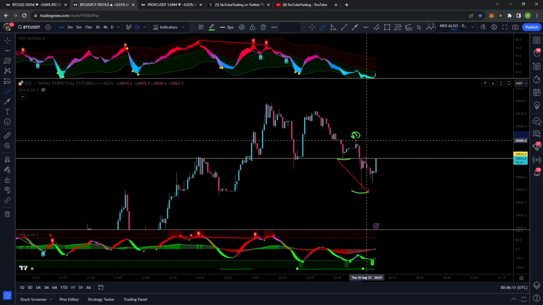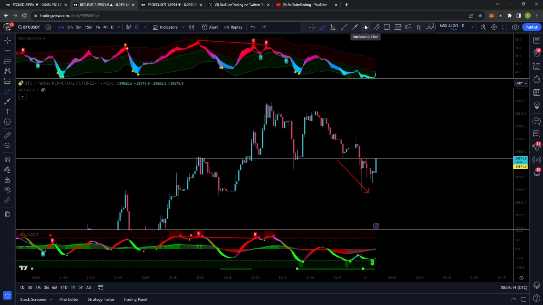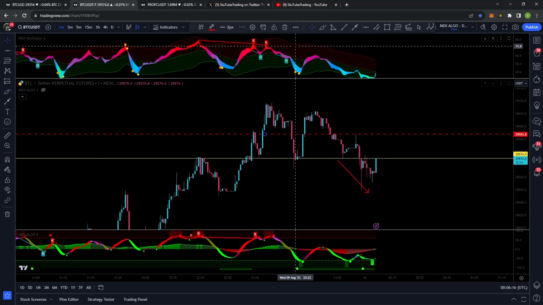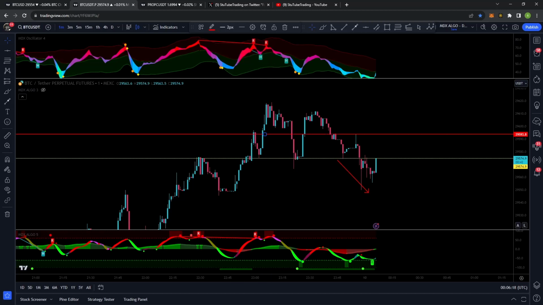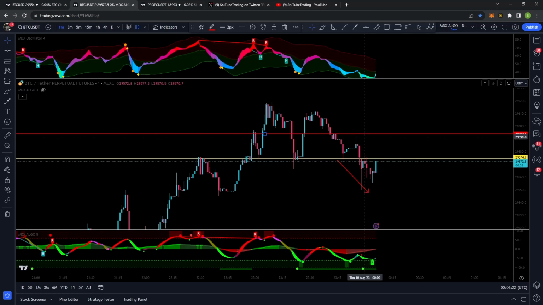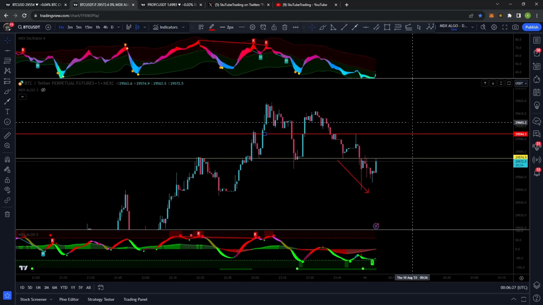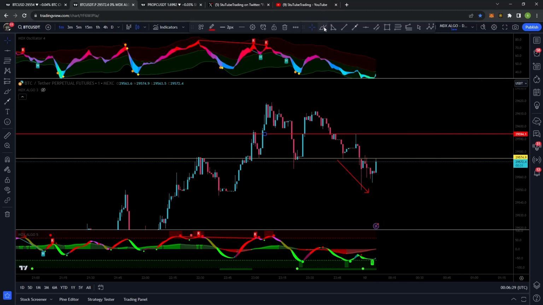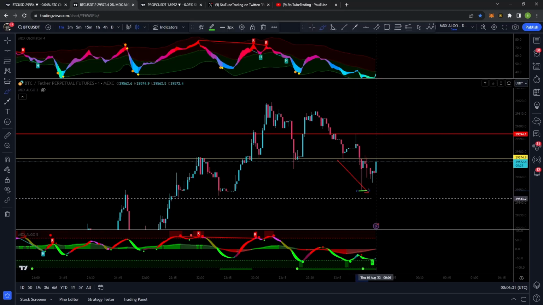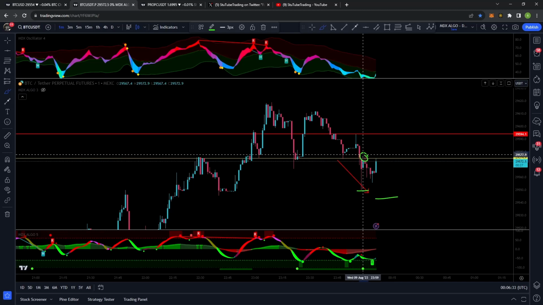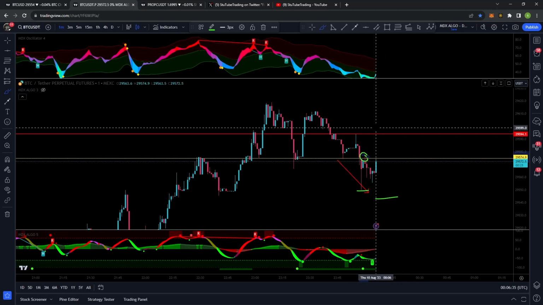This would be our confirmed lower high. I'd want to see a candle body close above this as it stands right now. Obviously, if we trade lower, that's going to change a little bit. Like if we take out this low, set a lower low, then this would be our new lower high, obviously.